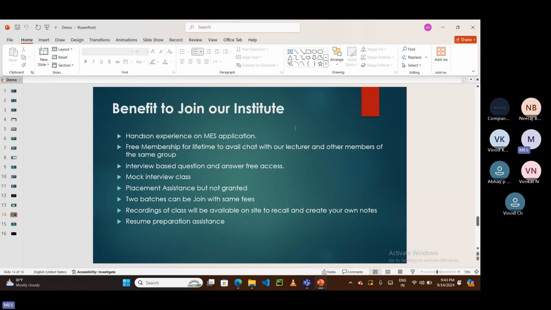Placement assistance also will be provided to you people. Recently, one drive has also been arranged for MES. Two batches can be joined with the same fees. That is also there. Recordings of classes will be available on the site: suppose on Saturday a class was there and you are not available, then you will get the recorded session after the training session completion.